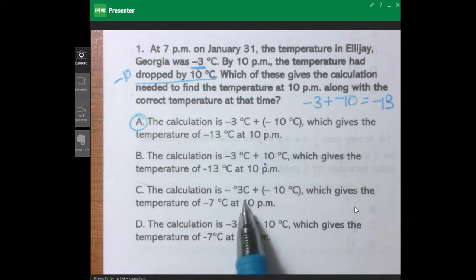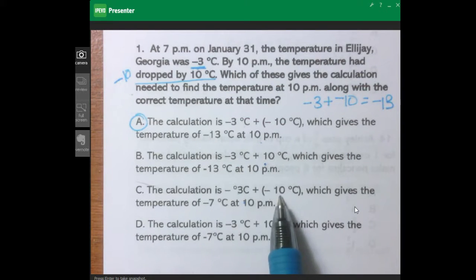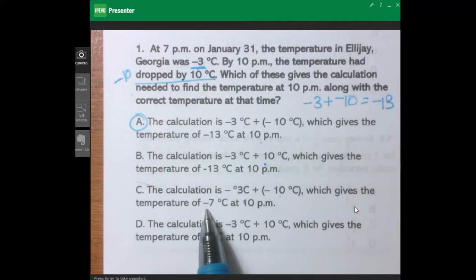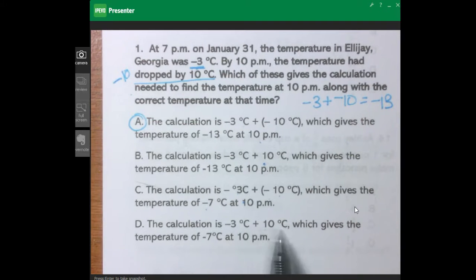C would not be correct because -3 plus -10 is -13, not -7. And then for D, it is incorrect because that 10 degrees Celsius is a negative, not a positive.